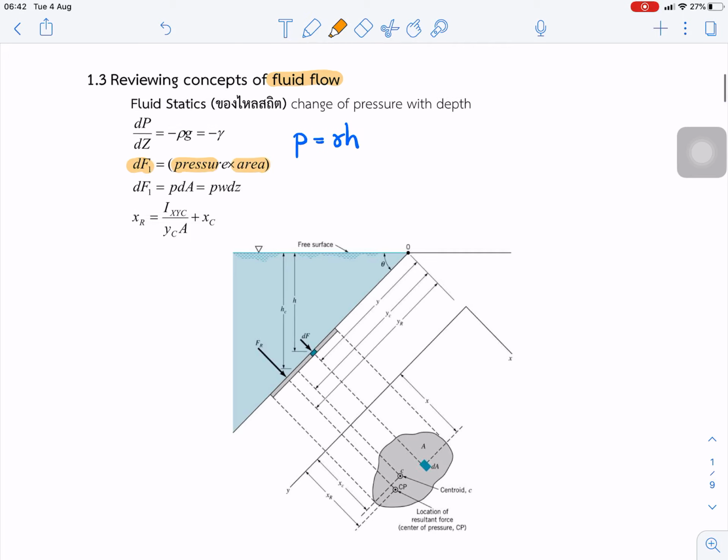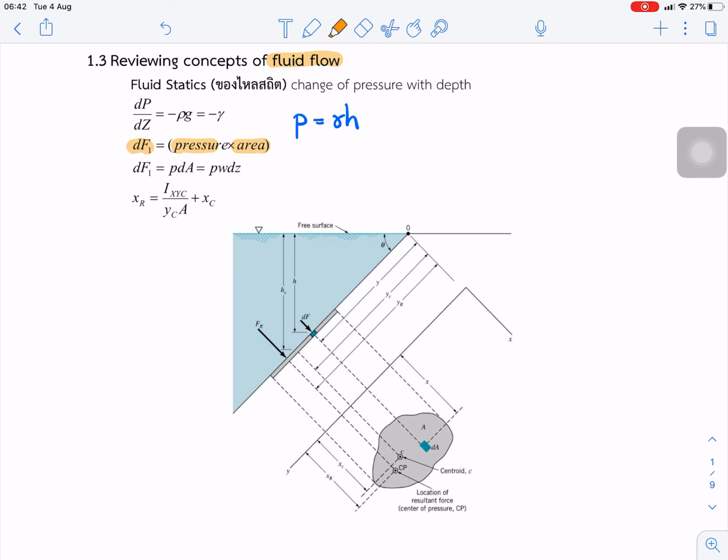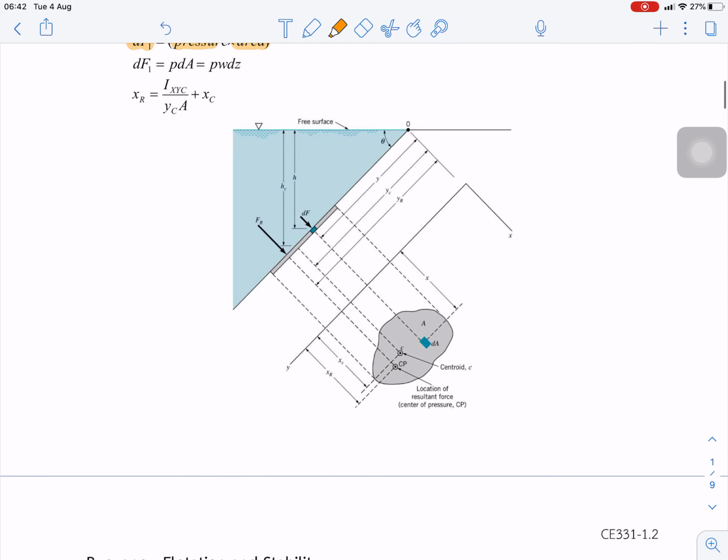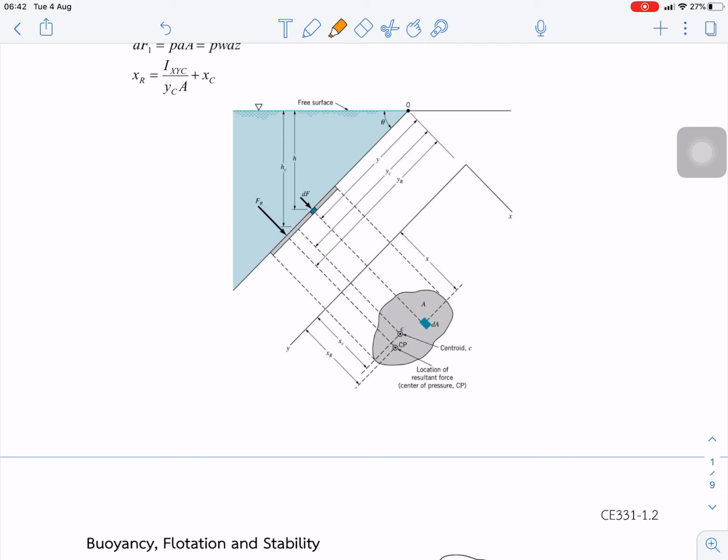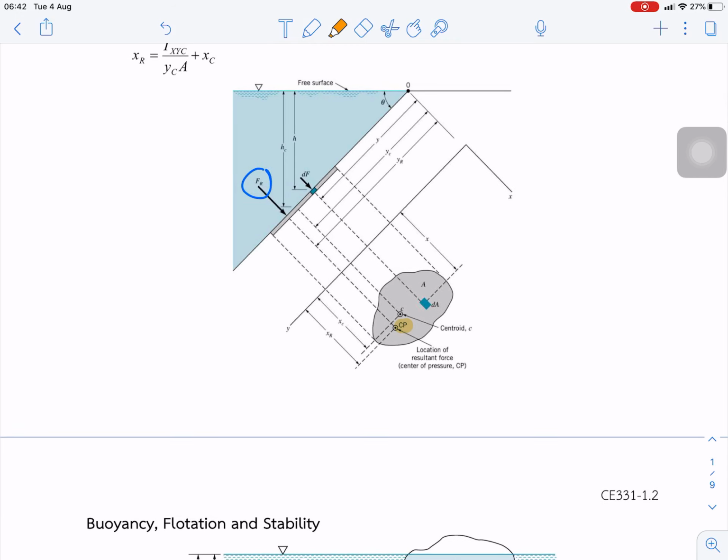The force is equal to pressure times area, so we can find the force. Next, this picture shows an inclined submerged surface. In this case we can see the force Fr acting on the inclined submerged surface, acting at the center of pressure Cp. On this plate, C is the centroid of the area.